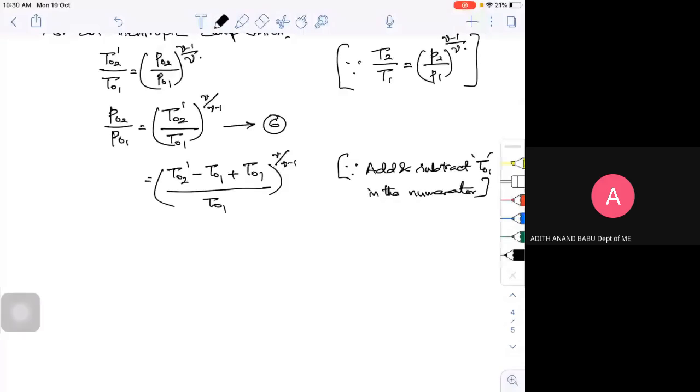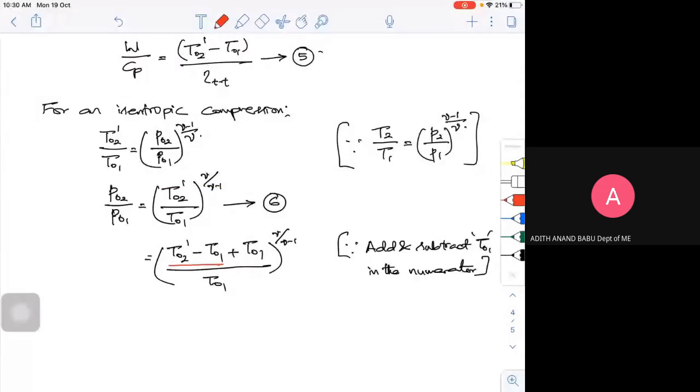Now, T naught 2 dash minus T naught 1 from equation 5 is equal to W by Cp into the total to total efficiency, after a little bit of cross multiplication.